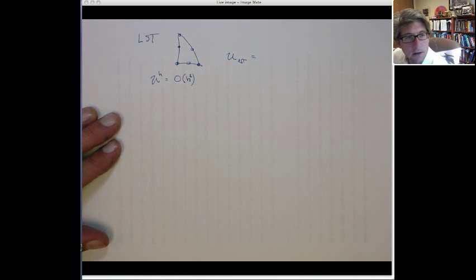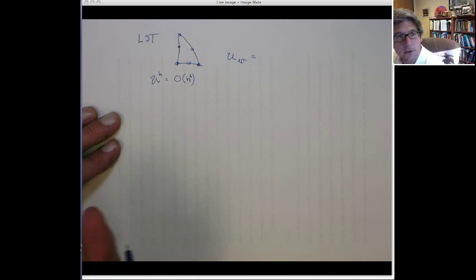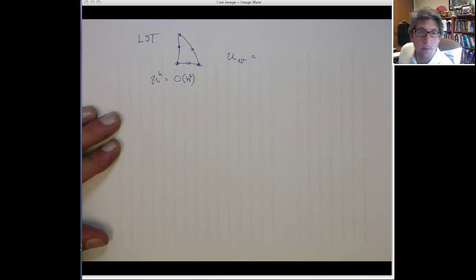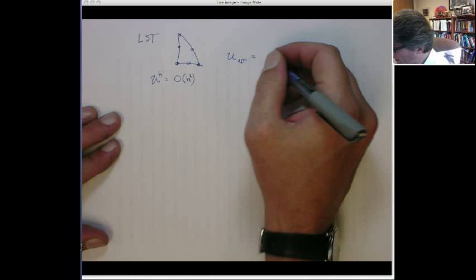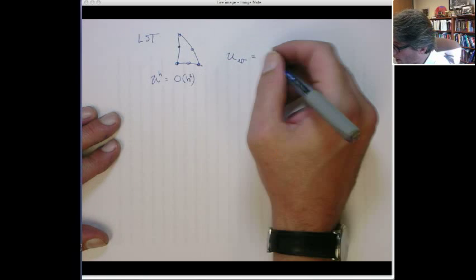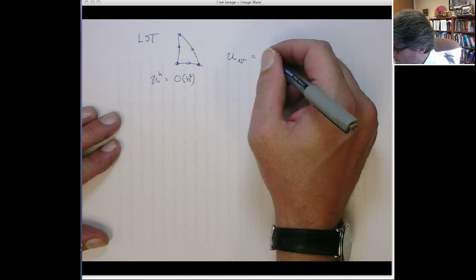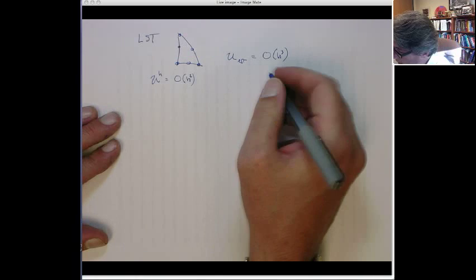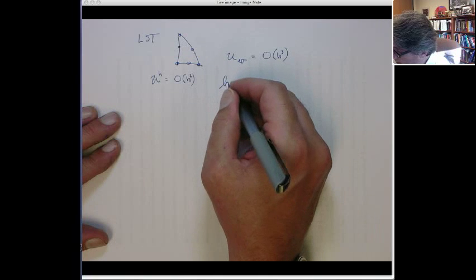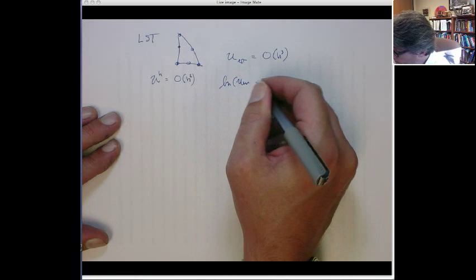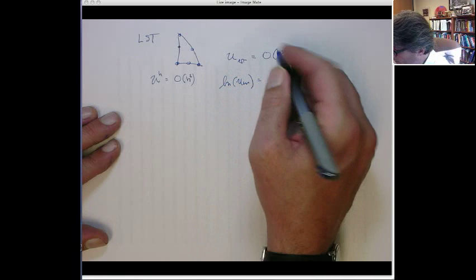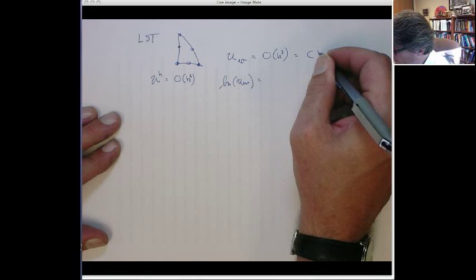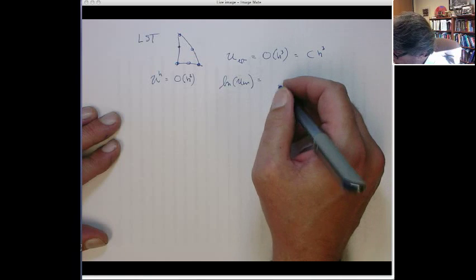It's complete to a quadratic polynomial. So a linear strain triangle can exactly represent a quadratic displacement field. So the truncation error here is going to be the next higher term, so it's going to be order h cubed. All right. So again, if we take the log of both sides, well, this is c h to the third, right?